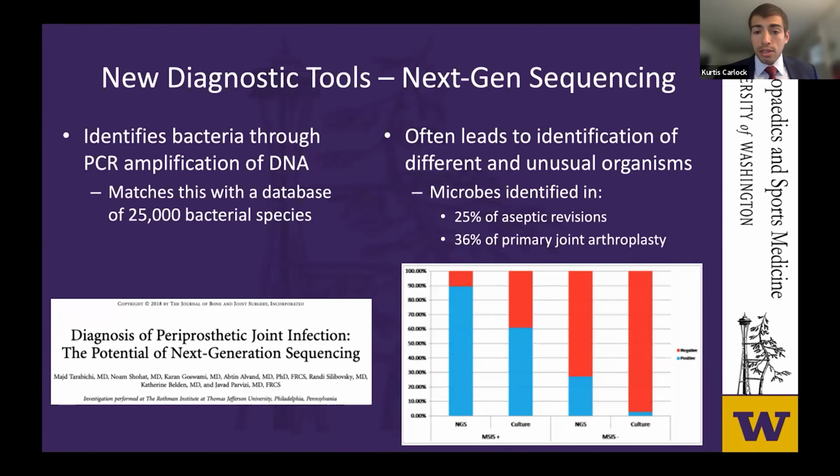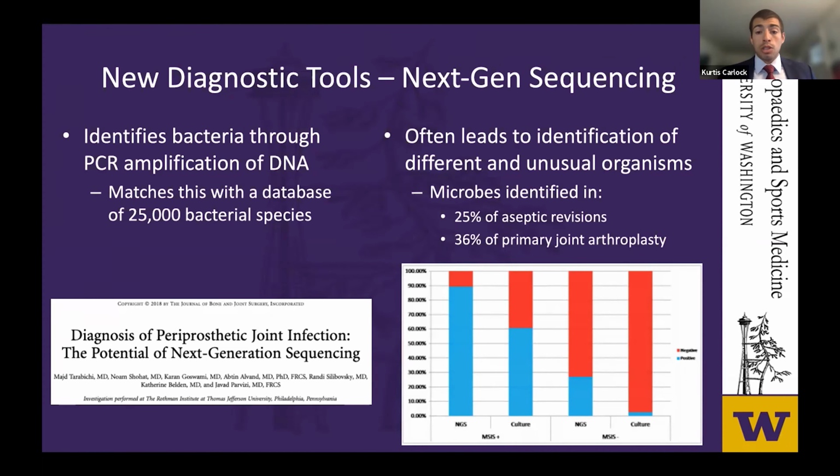And then the last overall diagnostic tool I want to discuss is the use of next generation sequencing. Next generation sequencing is often used in patients who we either A, want to confirm truly have an underlying infection, or B, patients who we have diagnosed with an infection, we truly believe are infected, but have been unable to identify the source bacteria that's causing their underlying infection.